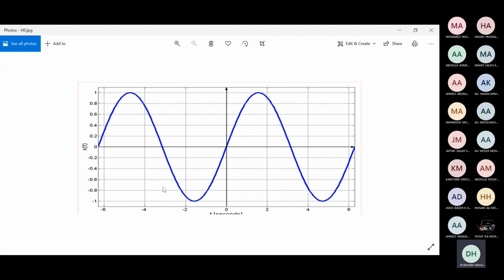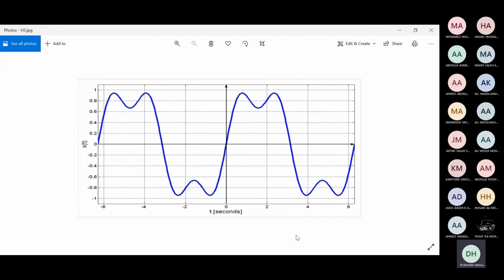I will get something like this. The combination of two sine. One is with this first frequency, or f multiplied by 1, and the second one f multiplied by 3, but different amplitude, which is equal to 1/3.